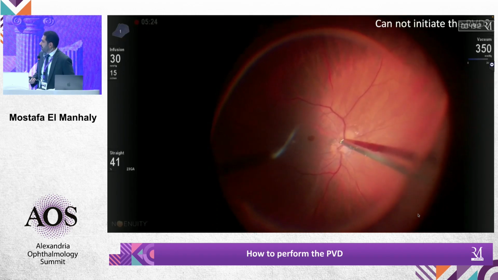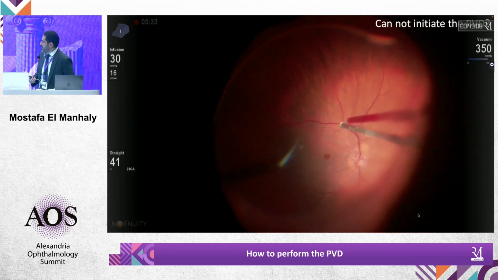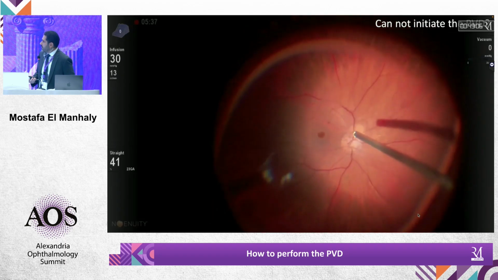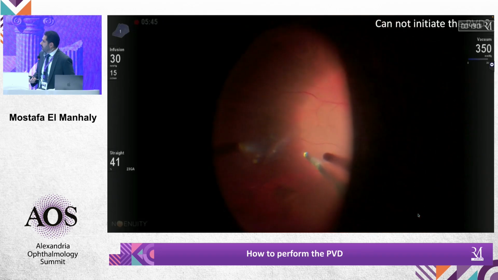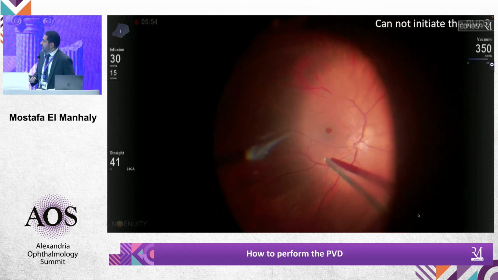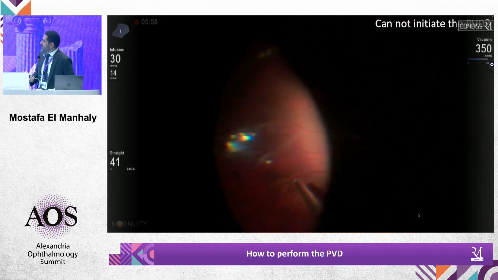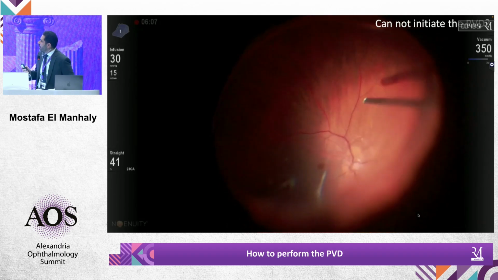In other cases, I do not inject triamcinolone at the beginning. But in these cases, I inject a small amount of triamcinolone because the posterior hyaloid is like a sheet strongly adherent to the underlying retina.